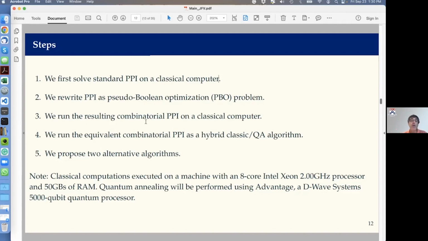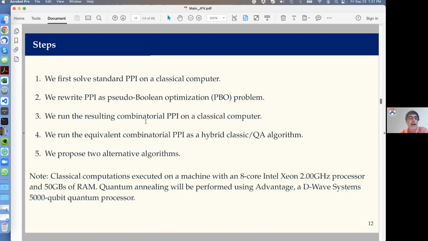And then we are going to run the combinatorial PPI on a quantum annealer. And we are going to do first a hybrid classic QA algorithm. And we are going to see that there is a lot of promise, but that there are still some gains that we can achieve. And then, at the end of the talk, I'm going to propose two alternative algorithms that build on our combinatorial PPI, make it a little bit better, and really deliver much better results.